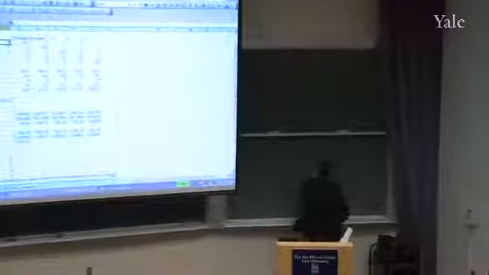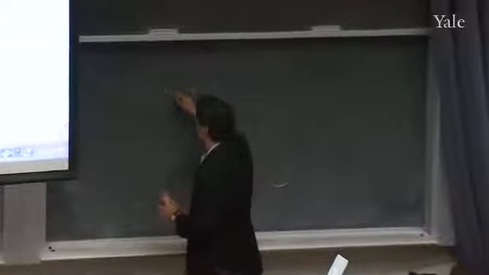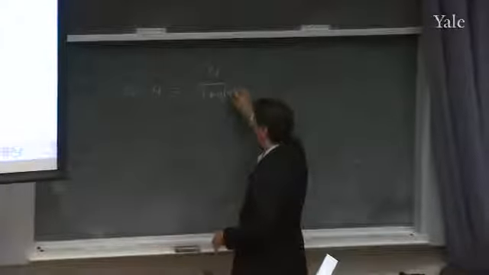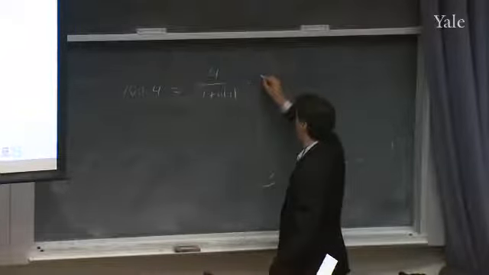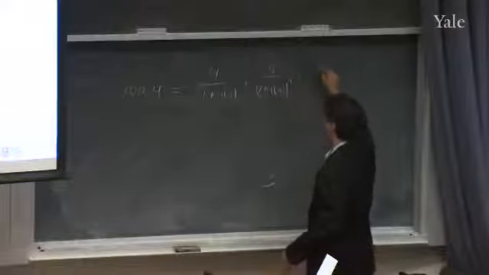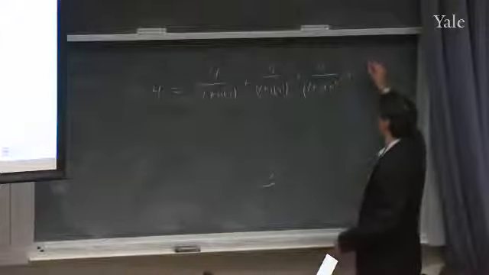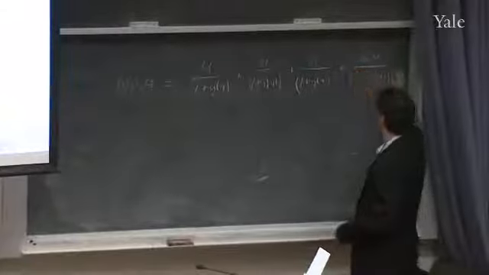The newspaper said, well, for the 4-year bond, we're going to say that 100.4 equals 4 divided by 1 plus the 4-year coupon bond yield, plus 4 over (1 plus y of 4) squared, plus 4 over (1 plus y of 4) cubed, plus 104 over (1 plus y of 4) to the 4th.